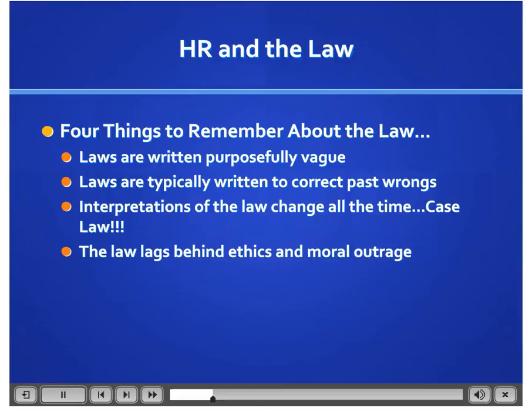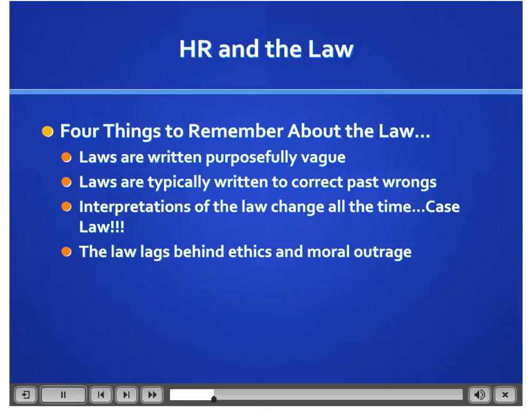Lastly, when we talk about the relationship between the law and ethics or moral outrage, the law is always going to lag behind ethics. It takes a long time for the law to catch up to people's ethical thinking. So that's a lot of times why we have laws that just make no sense on the books, because ethically speaking, they're not good, but the law is going to take a while to change.